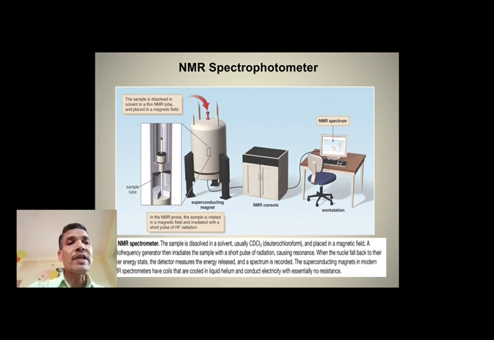When the nuclei fall back to their lower energy state, the detector measures the energy released and the spectrum is recorded by the recorder. The superconducting magnets in a modern NMR spectrometer have coils that are cooled in liquid helium and conduct electricity with essentially no resistance.